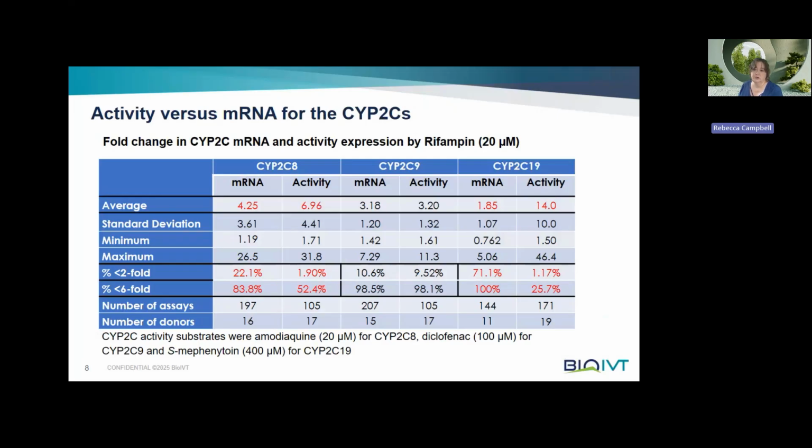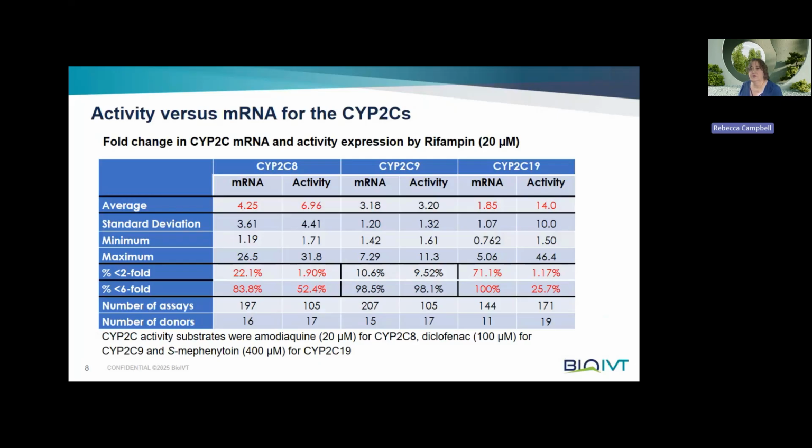A similar trend is true for CYP2C8 mRNA versus activity, but not to the extreme observed for CYP2C19. For CYP2C8, the average fold change for rifampin was 4.25-fold for mRNA versus 6.96-fold for CYP2C8 activity. Additionally, rifampin failed to reach twofold in 22.1% of assays when evaluating CYP2C8 mRNA versus only 1.9% of activity assays.